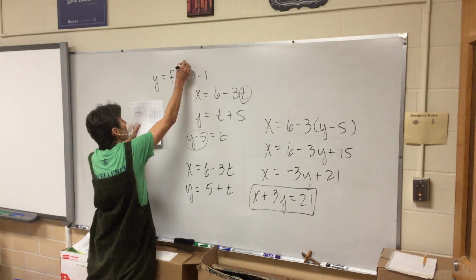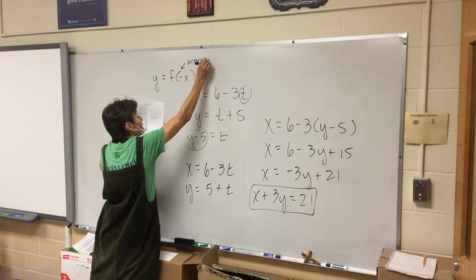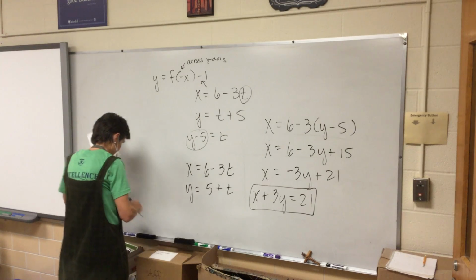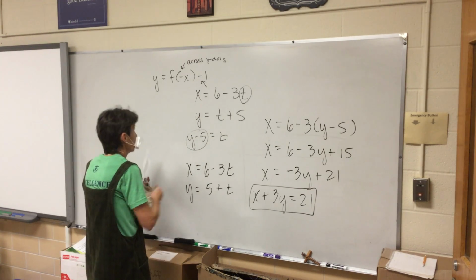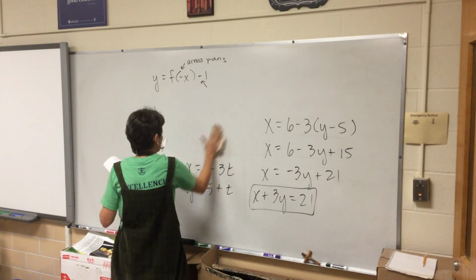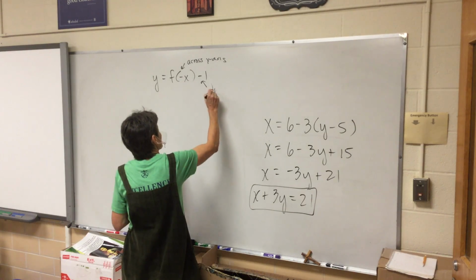Yes, that's a reflection across the y-axis. And what does this part right here do? Down 1. I'll do that in a couple of steps. Some of you can probably do it in one, but I'm going to do it in two steps.